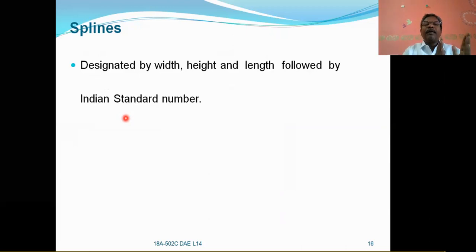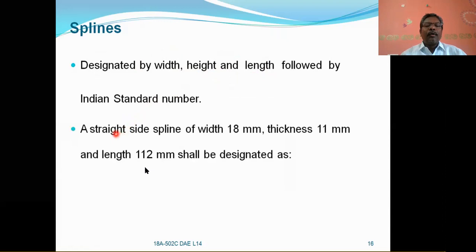Before that, it is defined which type of spline key it is, so and so type of spline key and width into height into length, followed by the IS number and the year of the standard. So the designation mainly has three parts: width, height, and length. As per the BIS standards, for example, you can see the designation of a spline shaft, a straight-sided spline.